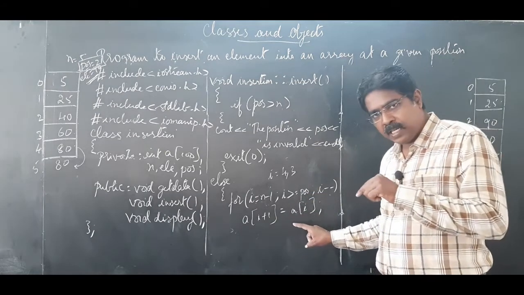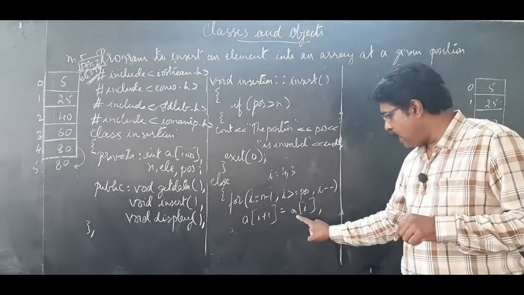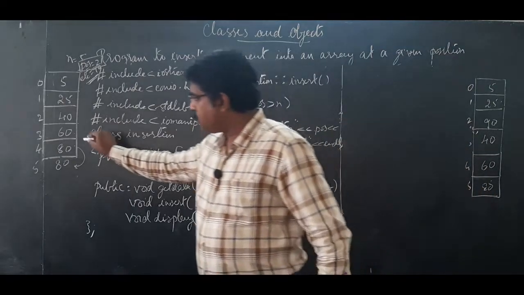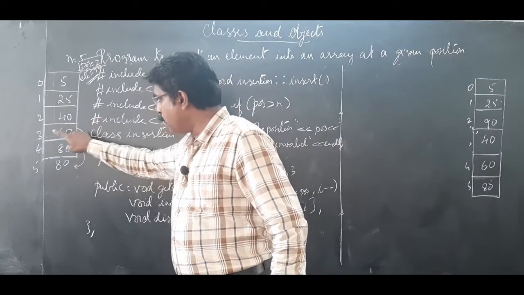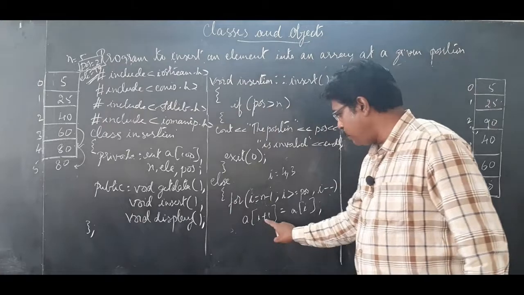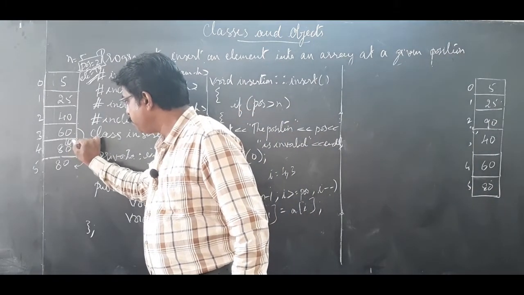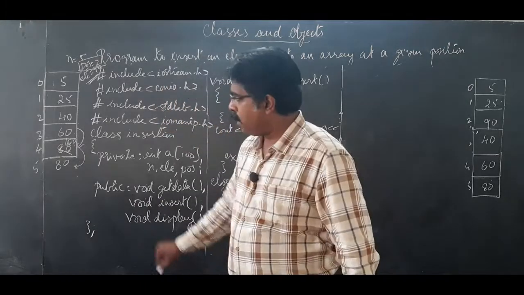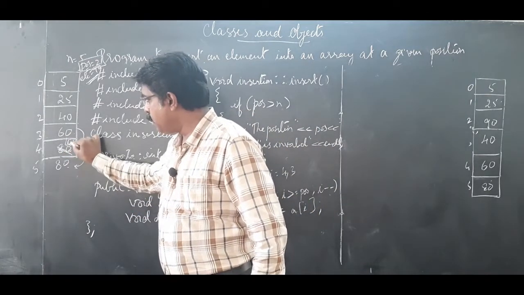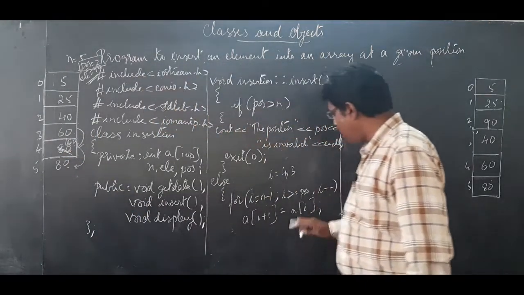Now the updated value of I is what? 3. A of 3. What is A of 3 here? 60. 60 is moving on to 3 plus 1 position. So hence, here 60 comes over here. I strike 80 because 80 is here. 60 is here. Next moves on.